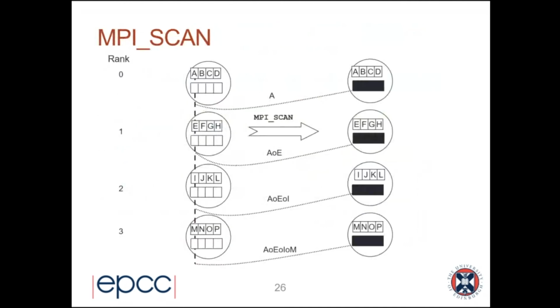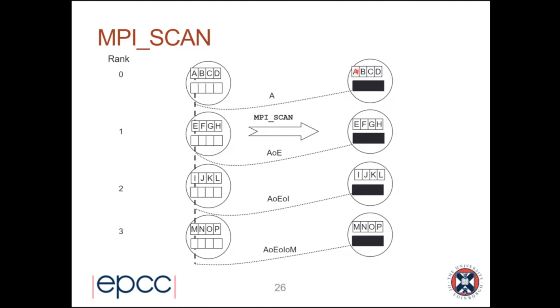MPI scan is an interesting one. MPI scan is like MPI sum, except that it stops. In the all reduce, the first process's numbers will be set to A plus E plus I plus M, B plus F plus J plus N. In a scan, it stops.